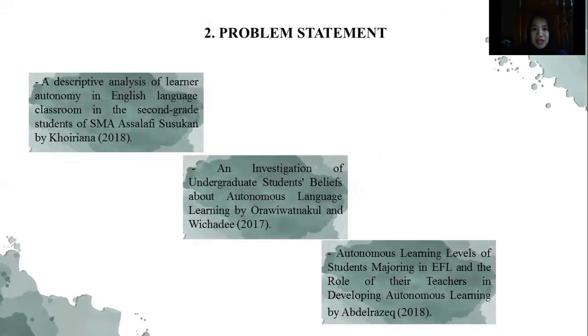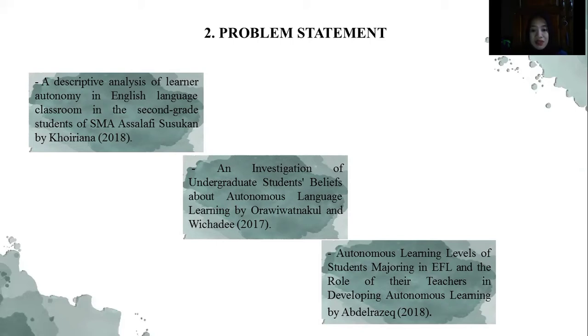Second, problem statement. In this study, researchers will conduct the study about an analysis of the autonomy level of EESP students. Before doing the study, the researchers got some review studies about autonomy, like A Descriptive Analysis of Learner Autonomy in English Language Classroom in the Second Grade Students of Senior High School Asalapi Susukan by Horiana 2018.